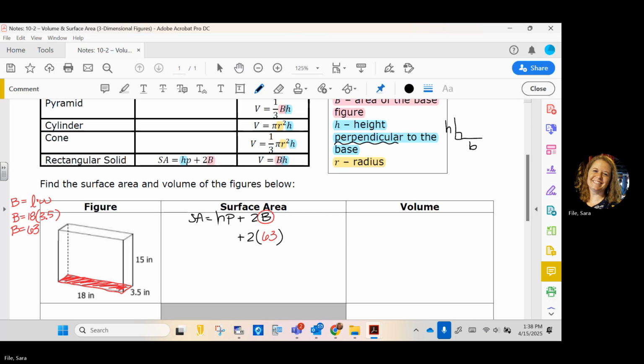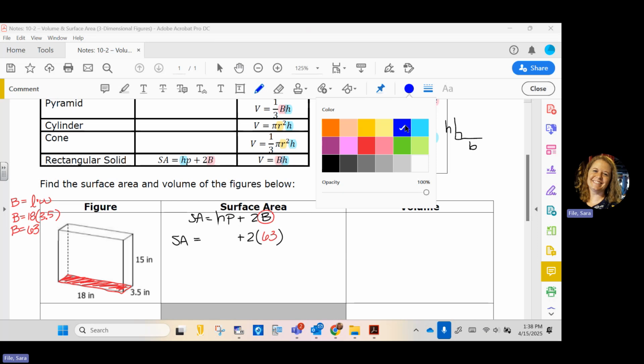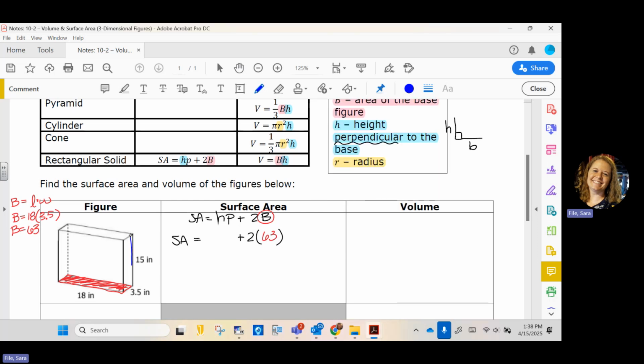Now the height is the distance between the bases. So this third dimension is the height. I already used 18 and 3.5 as the length and width, so the third dimension, height, is 15.